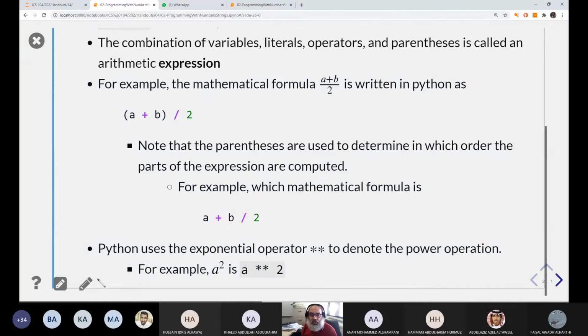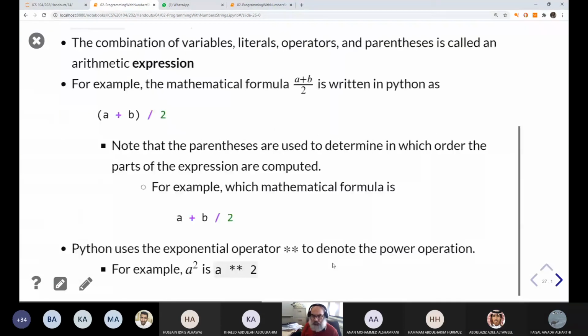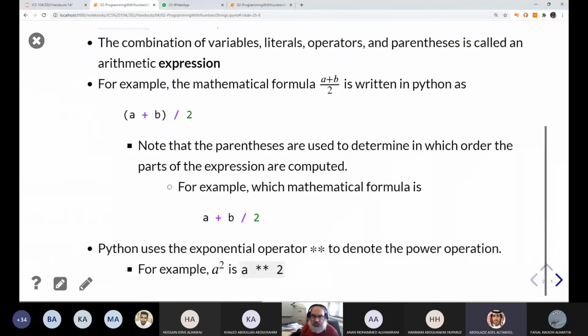Python uses the exponential operator, the double star, to denote the power operation. For example, a squared can be written as a to the power 2. Can we use the pow function? I'm not sure. Is there a pow function in Python? Yes, if there is a pow function, then you can use it.